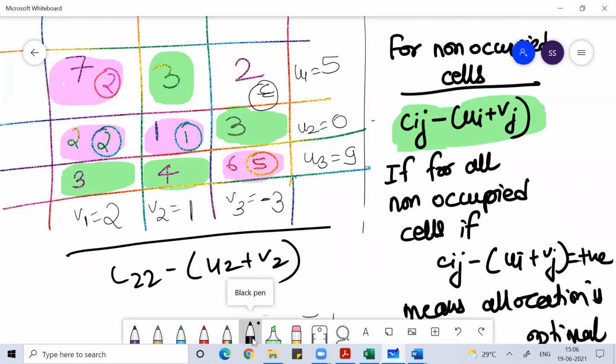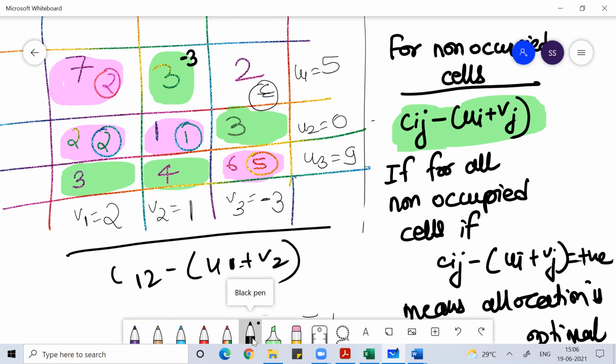No, it's actually C12. This is C12, this is U1. The cost here is 3, and U1 is 5 and V2 is 1. So it will become 3 minus 6, which means the value here is -3.